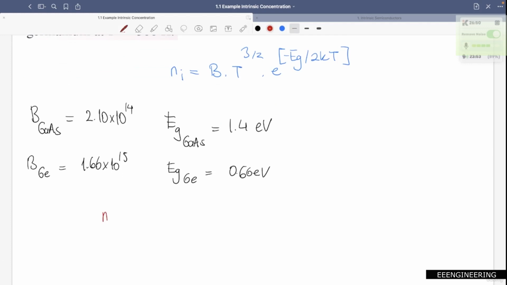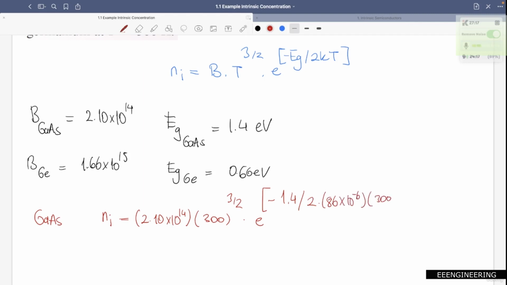First, the intrinsic concentration for gallium arsenide is equal to 2.10 times 10 to the 14 times 300 to the power 3/2 times e to the power of minus 1.4 over 2 times 86 times 10 to the minus 6 times 300. In the end, that is equal to 1.79 times 10 to the 16. That's the answer for gallium arsenide.